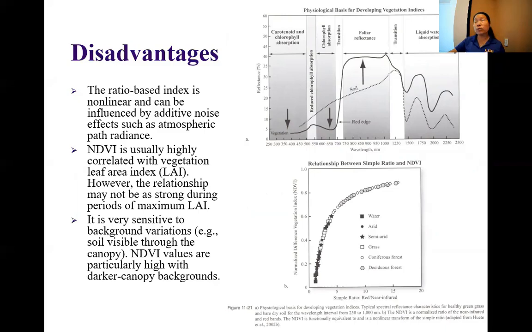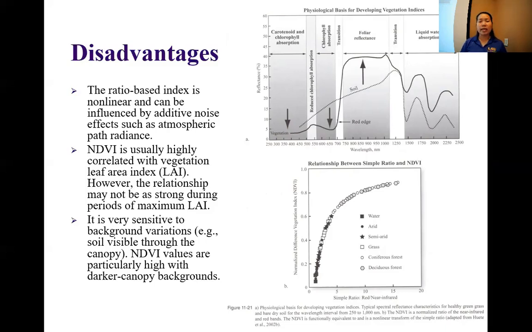NDVI is so widely used, but you need to be aware of some of the conditions or characteristics of this index. The first one is that the ratio-based index is nonlinear and can be influenced by additive noise effects such as the atmospheric path radiance.